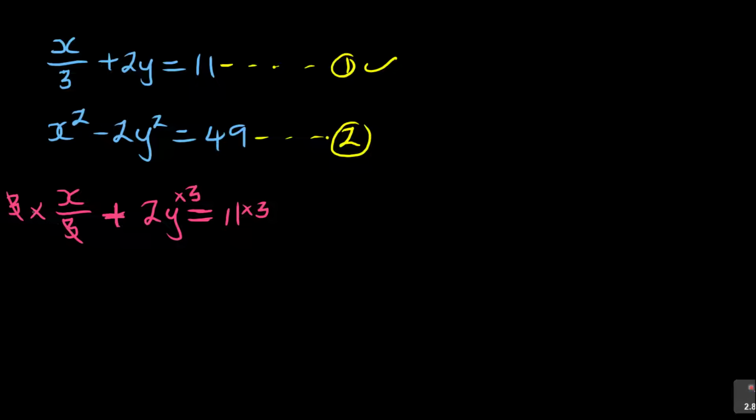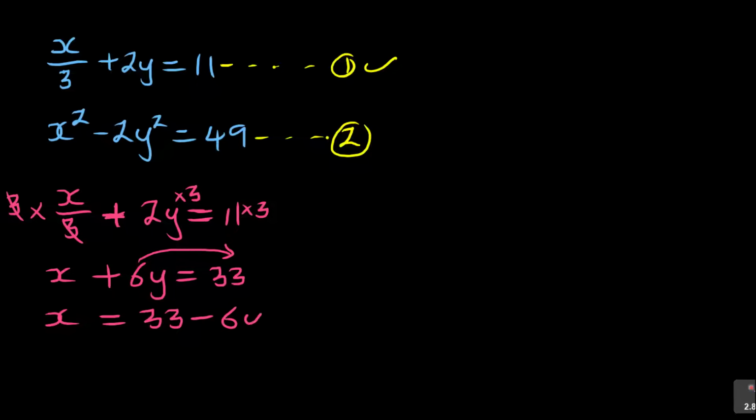Are you with me? So here now we'll have x plus 3 times 2, that's 6y, is equal to 11 times 3, which is 33. Do you see that? Now I can make x the subject here. I'll take 6y to the other side, positive becomes negative. So x is equal to 33 minus 6y.